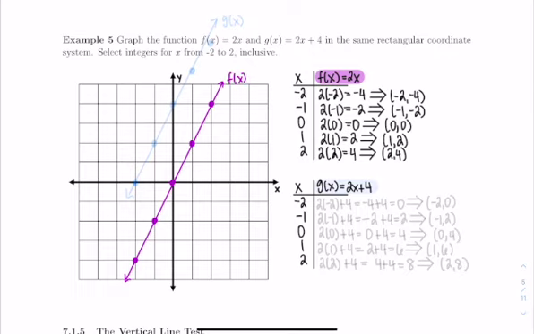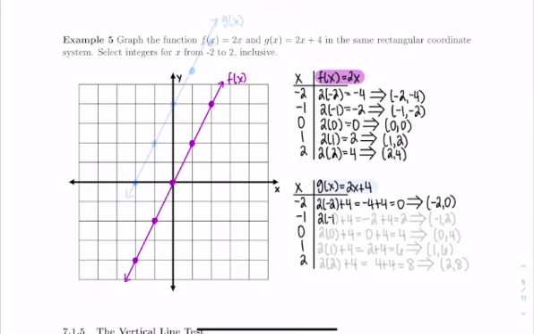Now let's go ahead and do this with g of x, which is 2x plus 4. So we have 2 times negative 2 plus 4, and that's negative 4 plus 4, which is 0. So we have the point negative 2, 0.